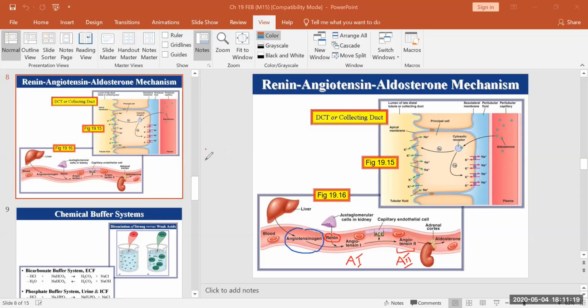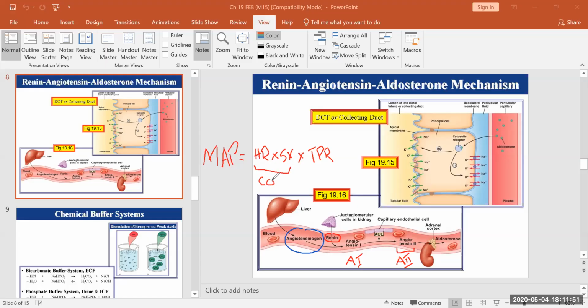MAP, again, is the driving force pushing blood through your blood vessels. MAP equals the heart rate times the stroke volume times TPR, total peripheral resistance. Heart rate times stroke volume is cardiac output.